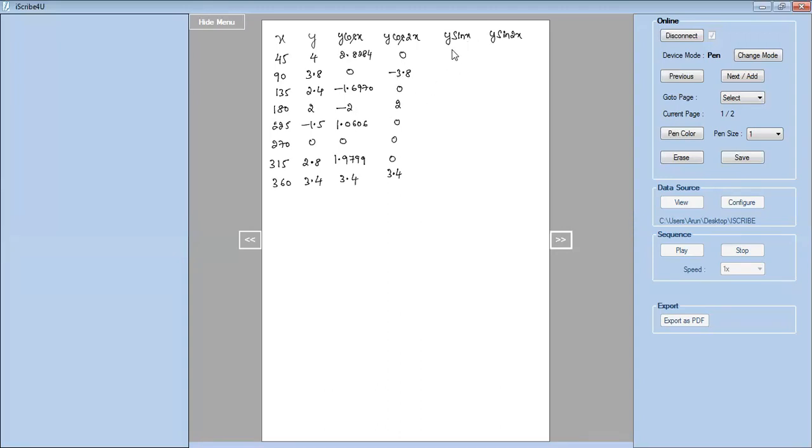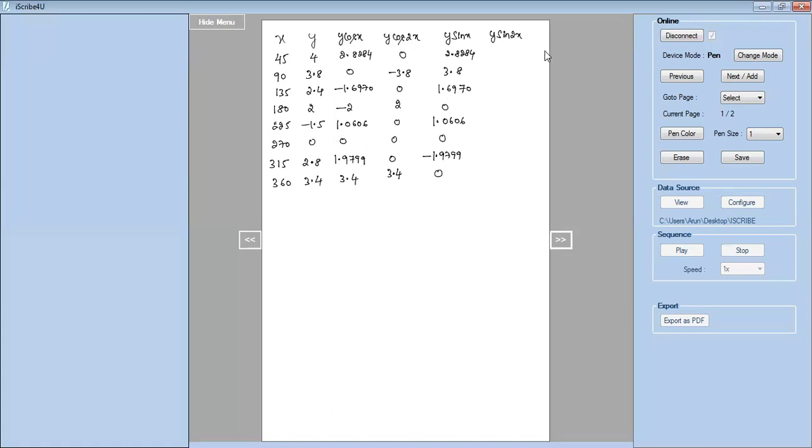Then similarly y sin x. So y sin x values are 2.8284, then 3.8, then 1.6970, then 0, then 1.0606, 0, minus 1.9799, then 0.